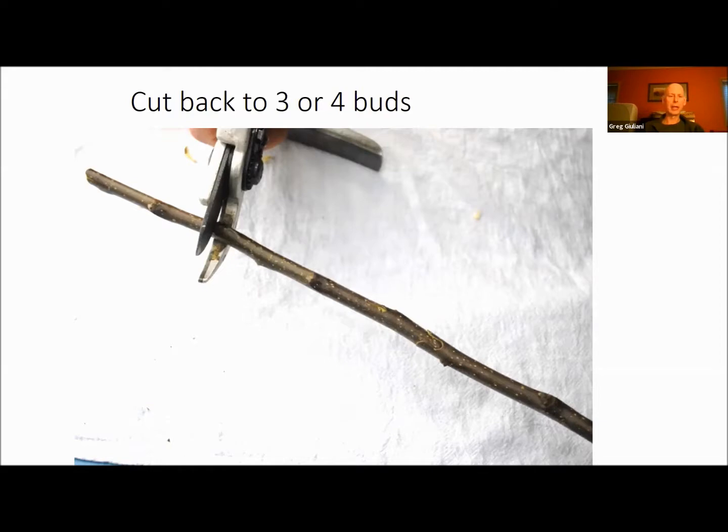So usually I cut it back; you want to leave at least 2 buds. I've seen people graft with 1, but they're very confident. With 2, sometimes a bud doesn't always open up. Leave at least 2, and usually not more than 4 is a good rule.